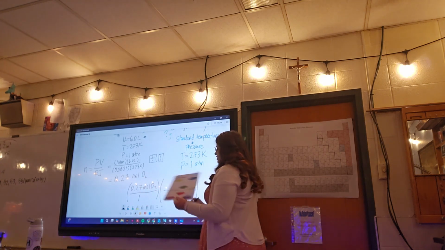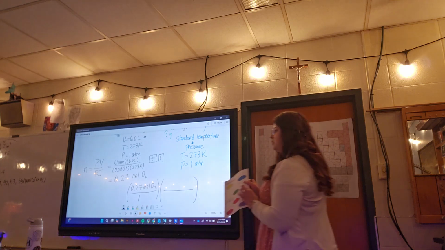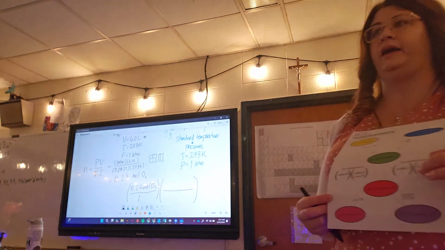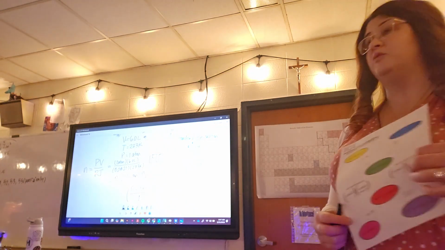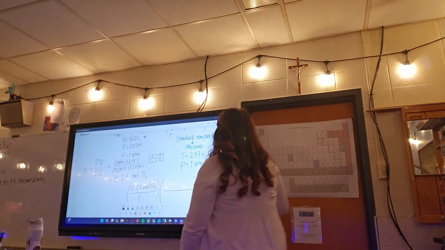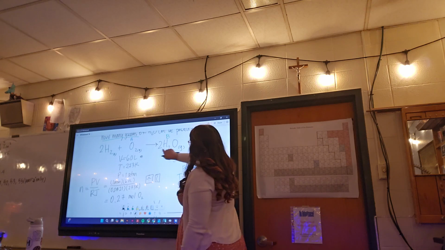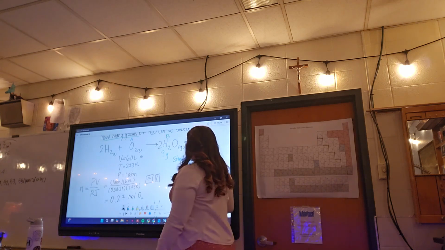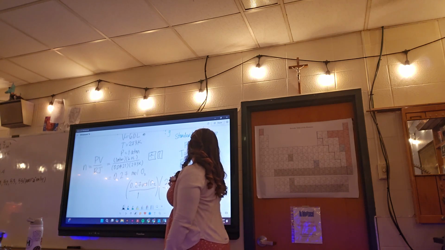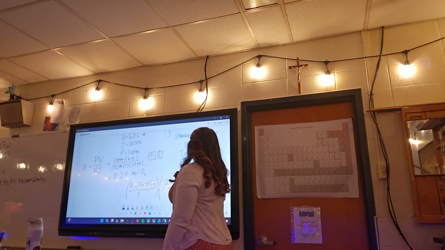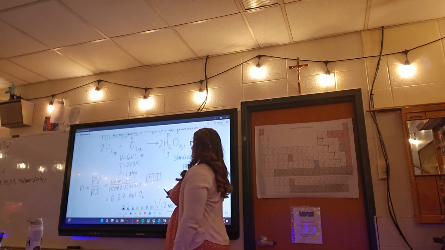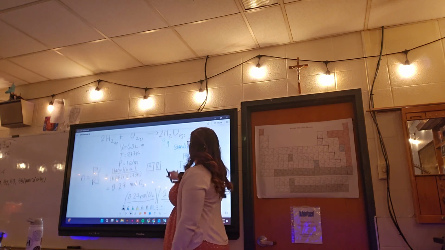So again, on your flow chart, it says little b moles of big B divided by little a moles of big A. What's little b? Little b is the stoichiometric coefficient in front of big B. So in this case, little b is... what's little a? 1.